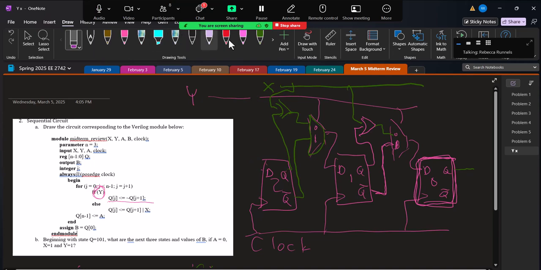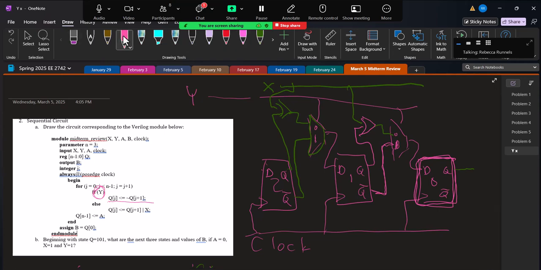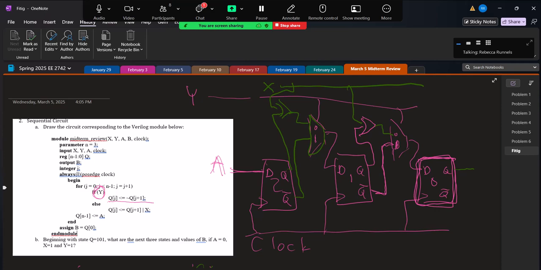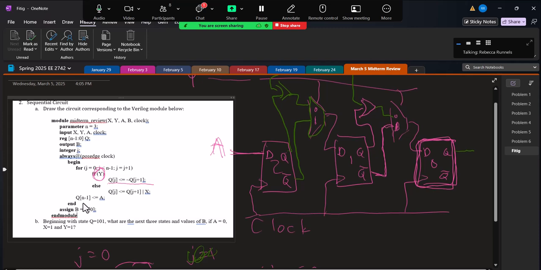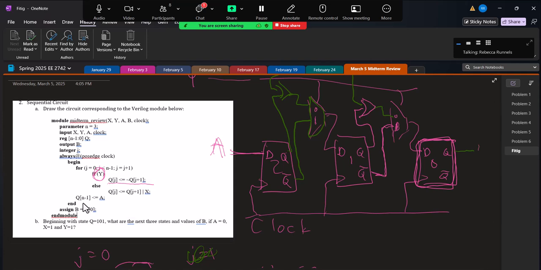It's saying it just equals a. So a goes straight into Q2. Then we are going to assign B to be the output of Q0. So there's B. And then we end our module.